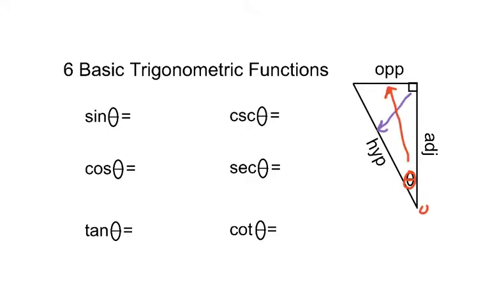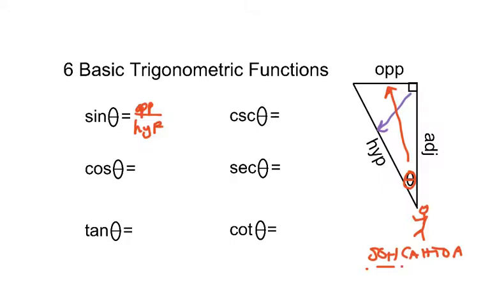I like to think of this as where we're standing, so it's a little easier to see that the opposite is over there. If you have that, then we also maybe remember Sohcahtoa. Sohcahtoa has O and H next to your S, which means that sine is the opposite side over the hypotenuse.